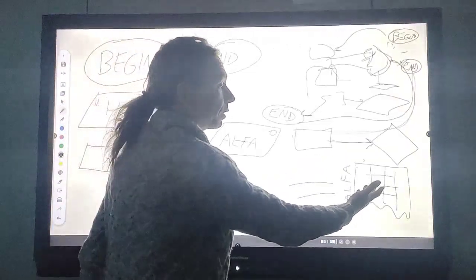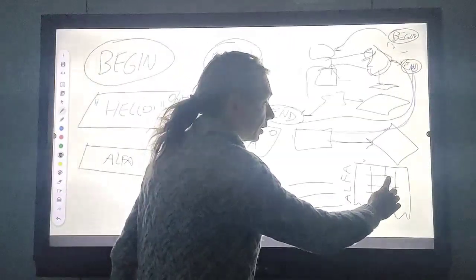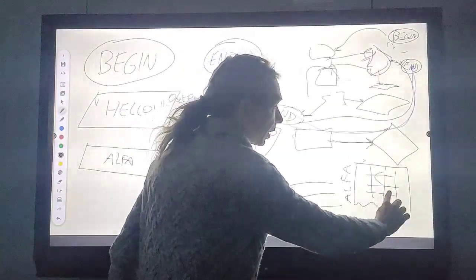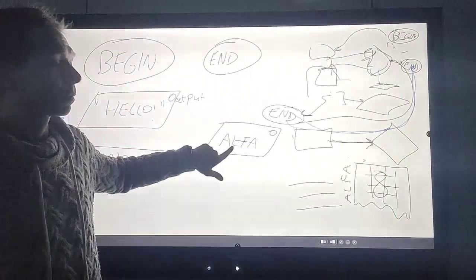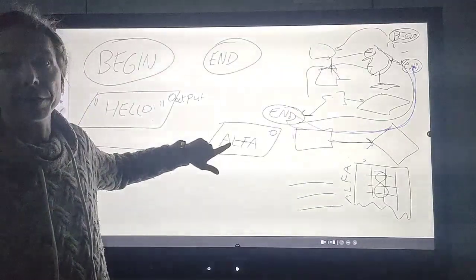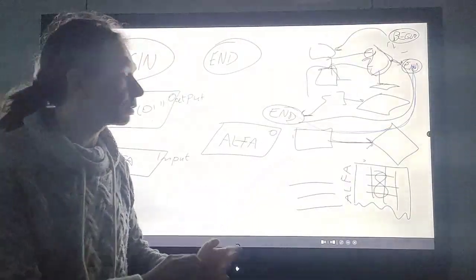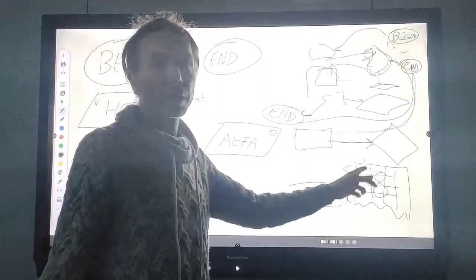For example, if it's a square piece of paper and it contains number 8, with this command, the droid will say 8, because it will read the content of the alpha piece of paper.